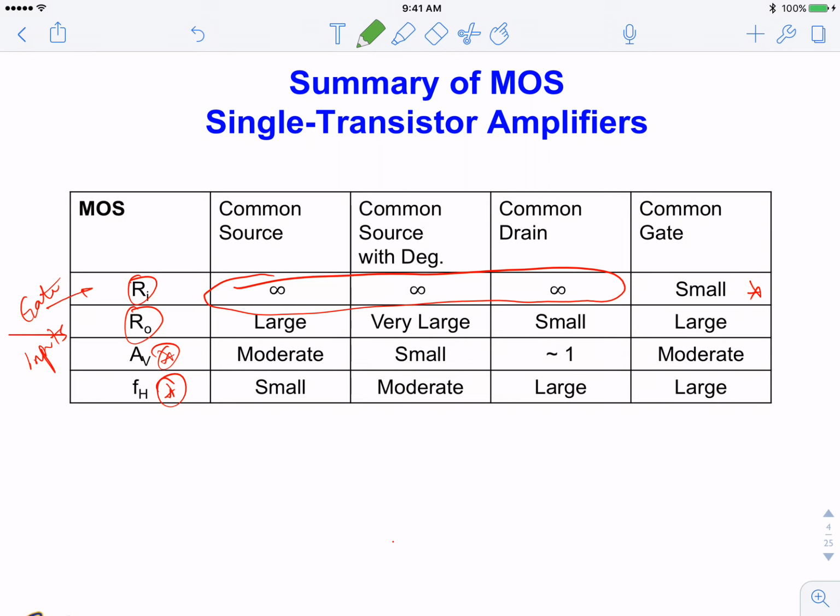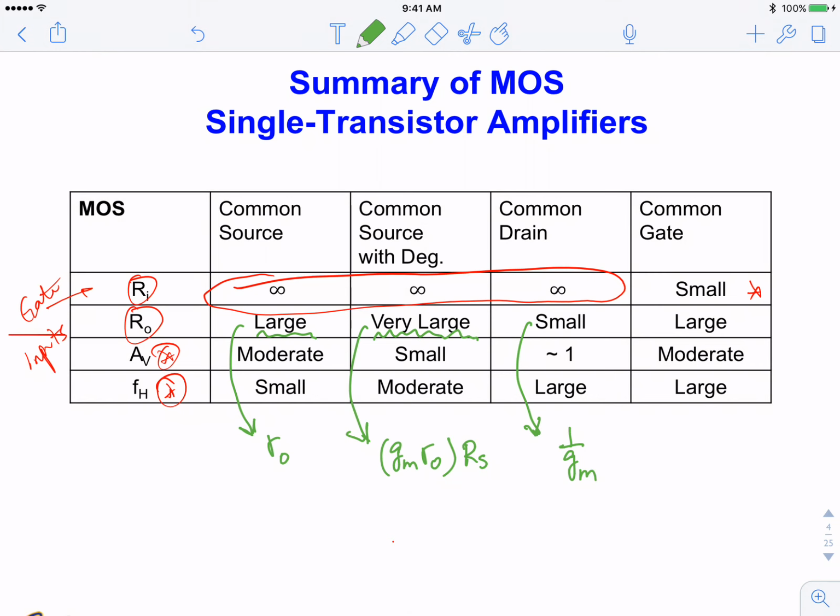Okay, so let's take a look at the examples. For RO, when it is very large, it means it's something like a GM R0 and either another R0 or RS or something. When it is large, it's on the order of R0. When it's small, it's something like 1 over GM, that's what we call small, okay? And common gate large, that's on the order of R0.